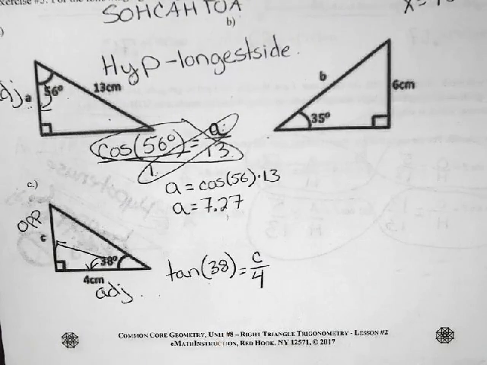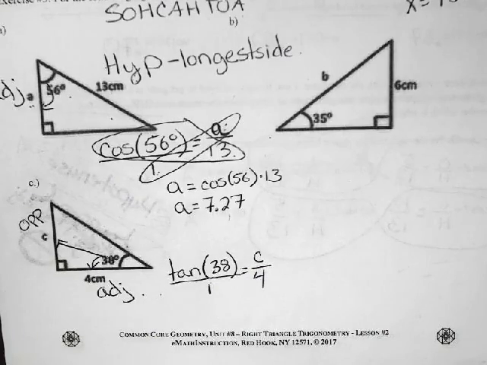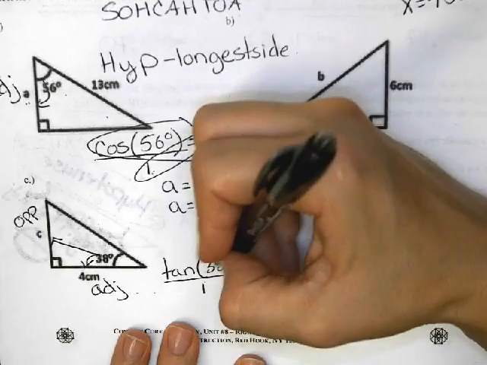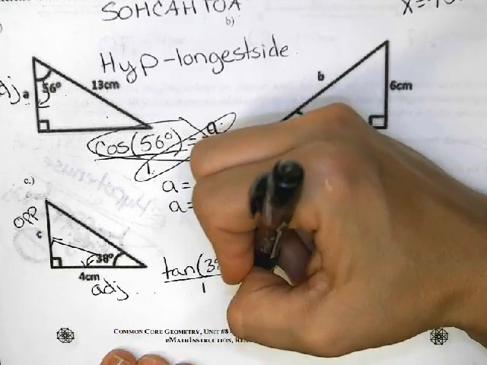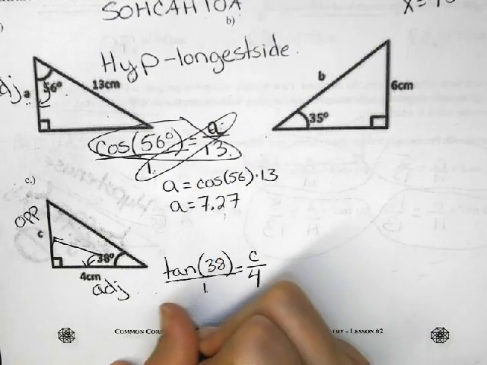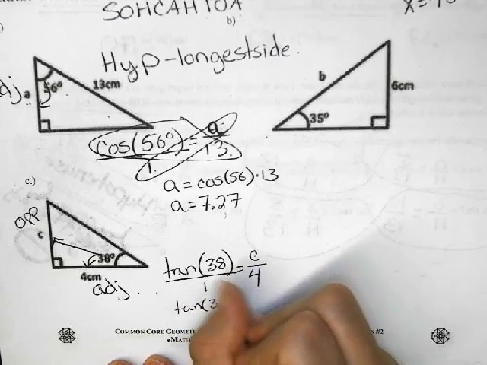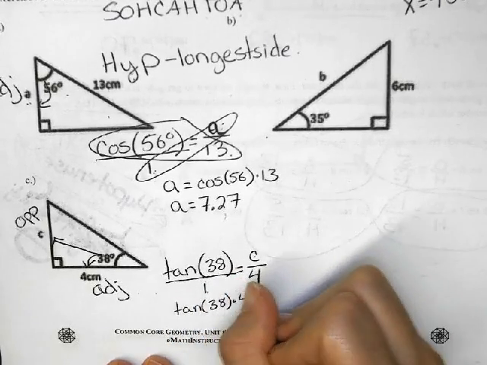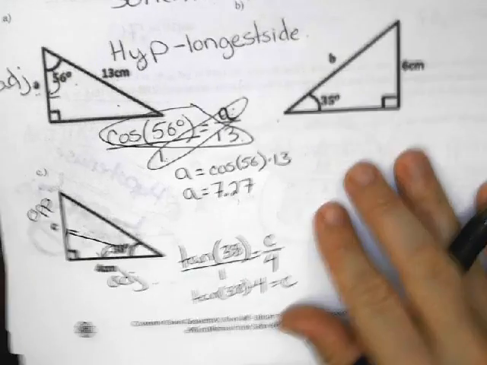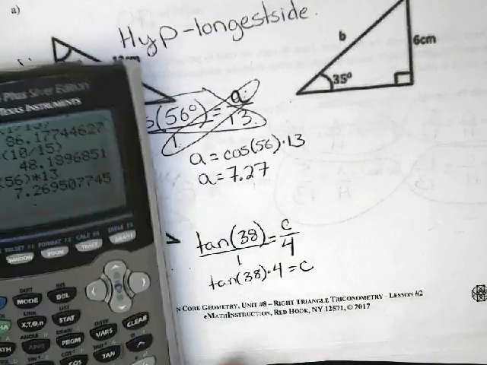Okay, so again, C over 4. I cross multiply. Tan 38 times 4 equals C times 1. So tan of 38 times 4 equals C. If you do it, it should come out to be 3.13.